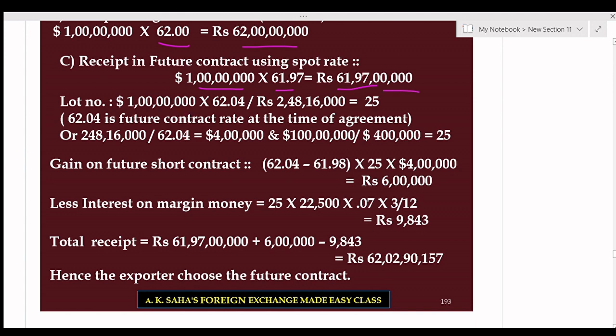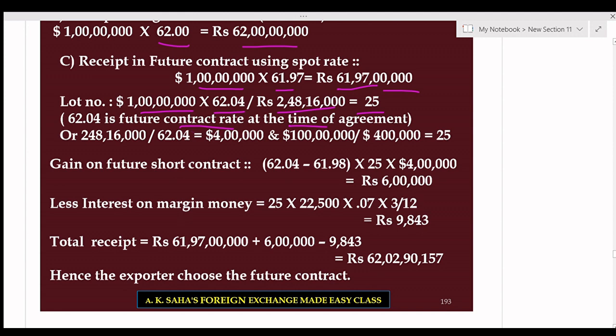Lot number you have to find out: dollar 10 million into 62.04, that is spot future rate converted into INR, divided by contract size per contract rupees 2 crore 48 lakh 16,000, is equal to 25. 62.04 is the future contract rate at the time of agreement, that is spot future rate.